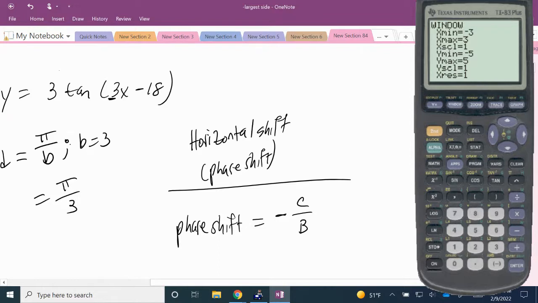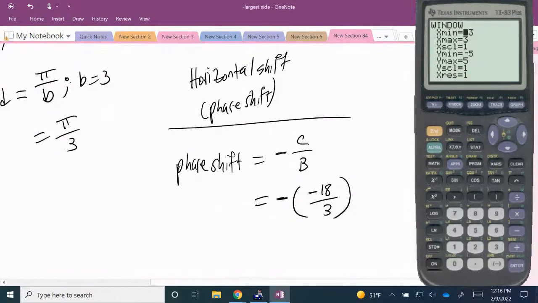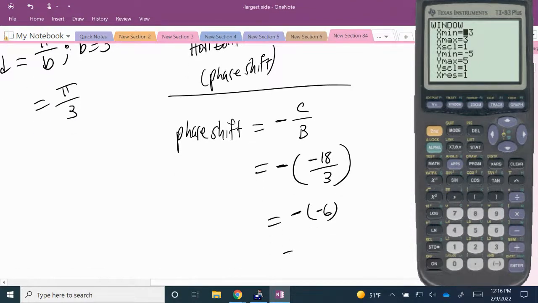Right, so remember from our model form we have a, b, c, and d. If I actually had to add a d, it would be plus 0, because there is no shift up or down. So in order to find the phase shift, it's going to be negative times c, which is negative 18 over 3. So we have a negative times a negative 6, which is positive 6.